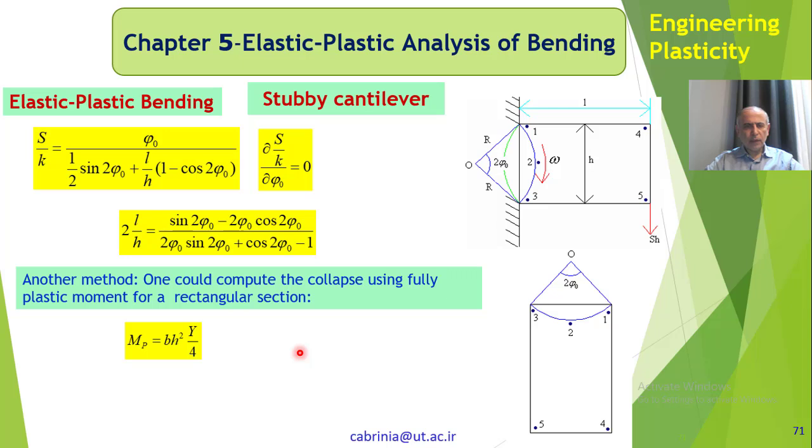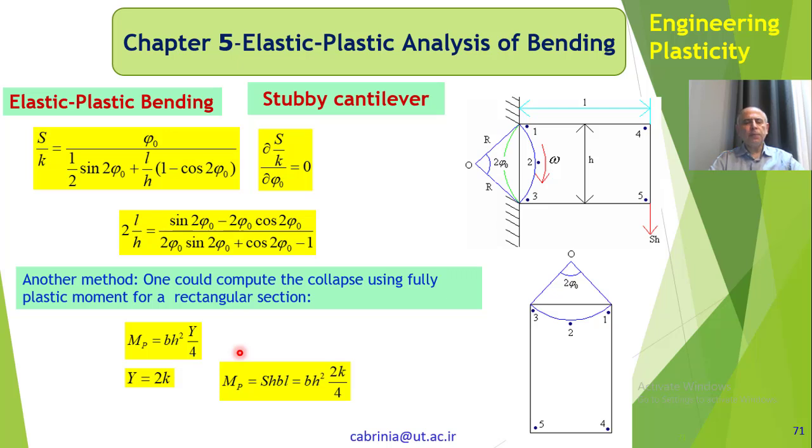So another method for computing the collapse load using fully plastic moment for a rectangular section, supposing this is a rectangular section, then we had obtained before MP for rectangular section. MP is equal to BH squared Y over 4, and if we put Y equal to 2K, we get MP is equal to this, okay.